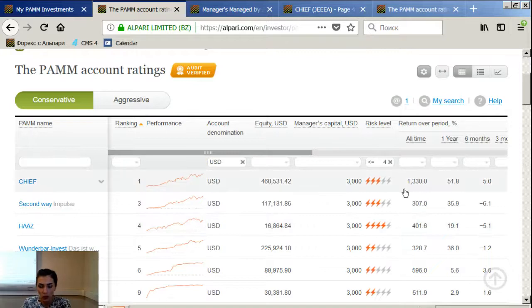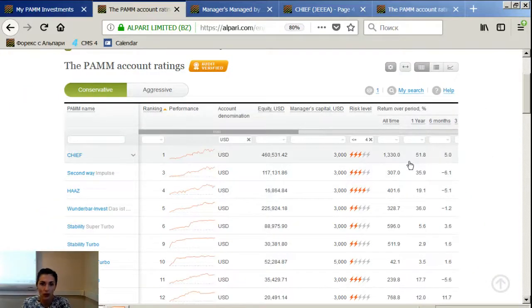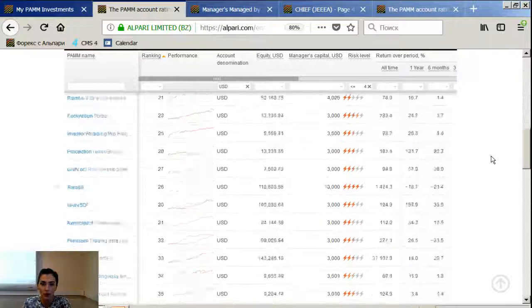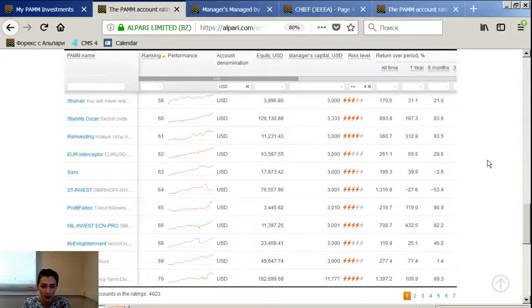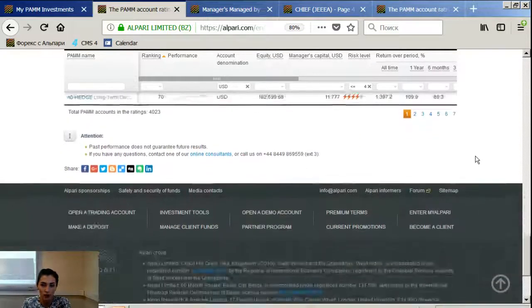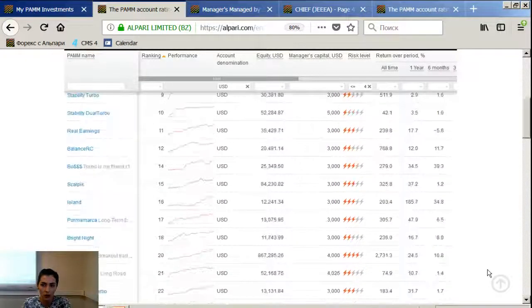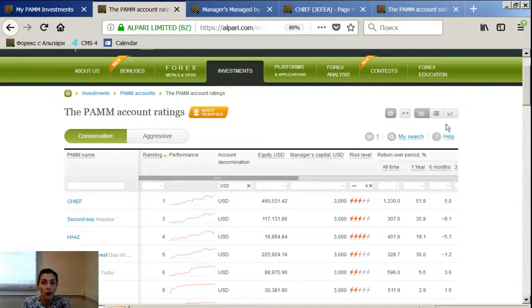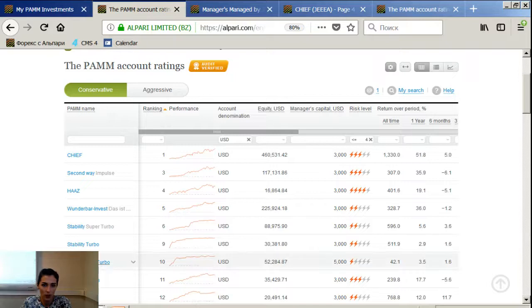So we see all PAMM accounts that suit us on the base of these parameters, and you can choose any of these. Just click. After that, click on the button Invest Funds, and then the system will redirect you to the Alpari.